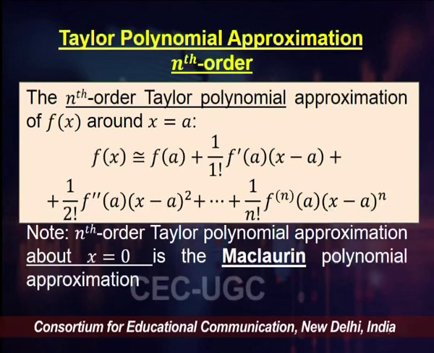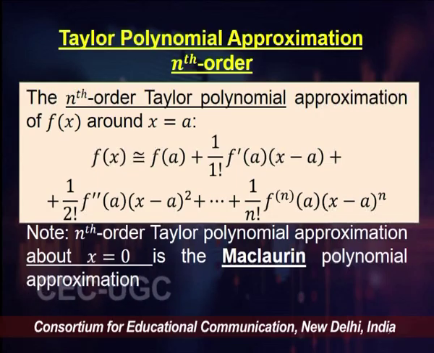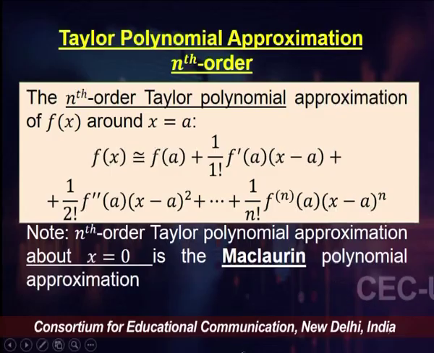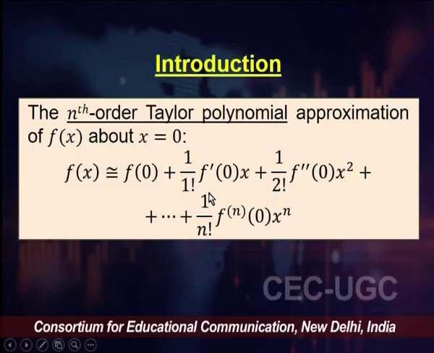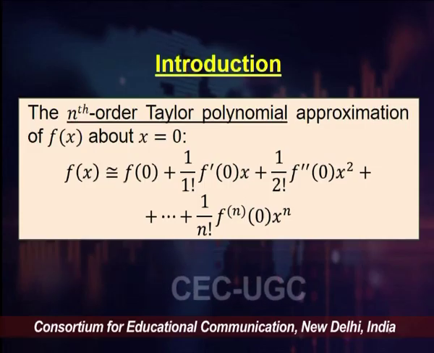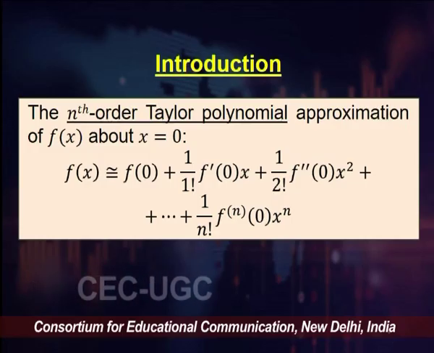And if we take this approximation around x equal to 0, which is what our lecture today is going to mainly focus on, also called the Maclaurin's polynomial approximation, then f of x is approximated by f of 0 plus f prime at 0, the first derivative of the function at 0, times x plus 1 by 2 factorial f double prime at 0 times x squared, and so on till 1 by n factorial, the nth derivative of the function at 0 times x to the power n.